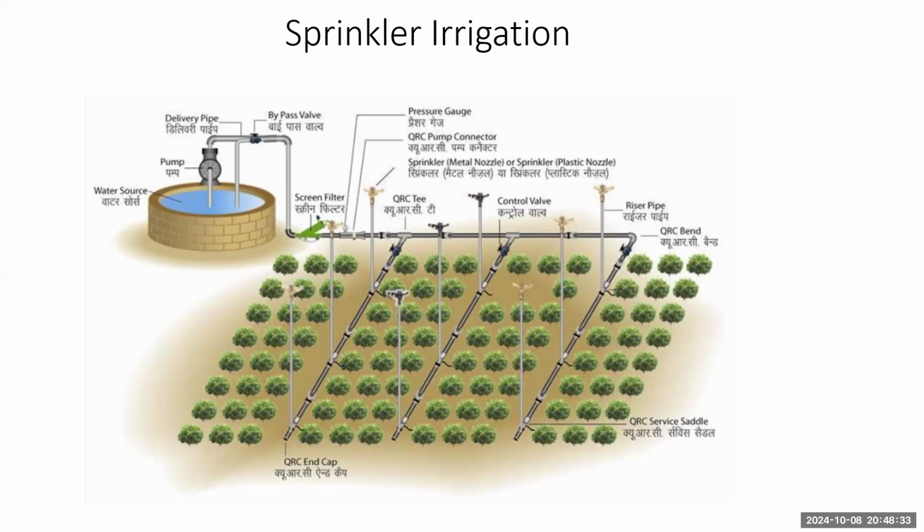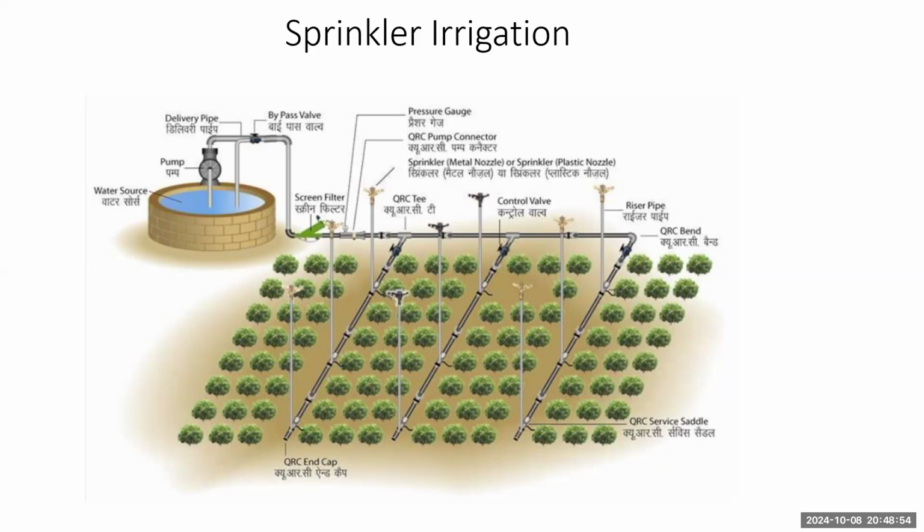To adjust the pressure, a pressure valve and pressure gauge are there. Then there is the main line. To the main line, the lateral is connected, to the lateral, risers are connected, and at the top of the risers, sprinklers are there.